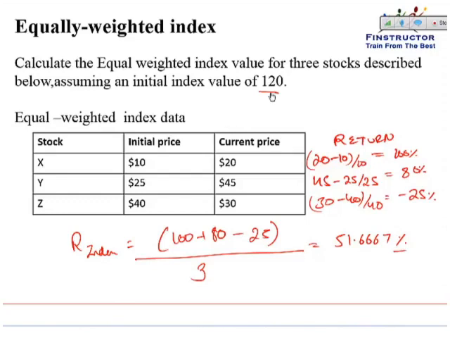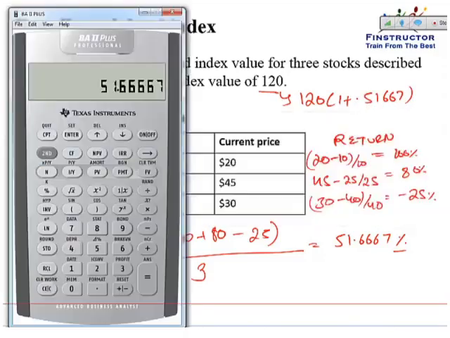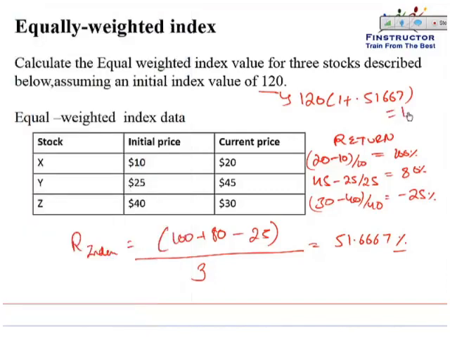So if the initial value of the index was 120, then the value at the end would become 120 into 1 plus 0.51667, which can be calculated as $182 approximately, or rather 182 would be the index value at the end of the period.